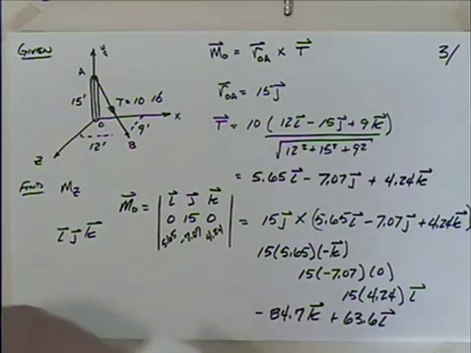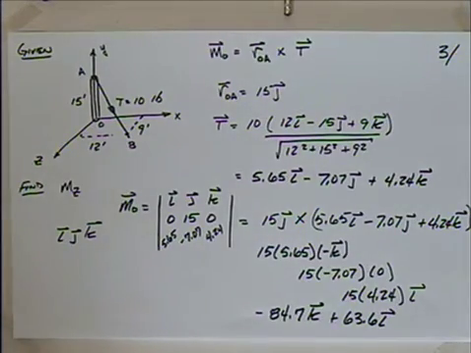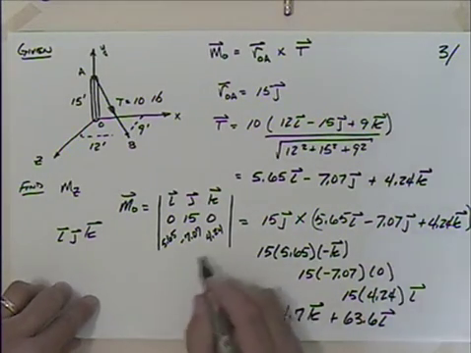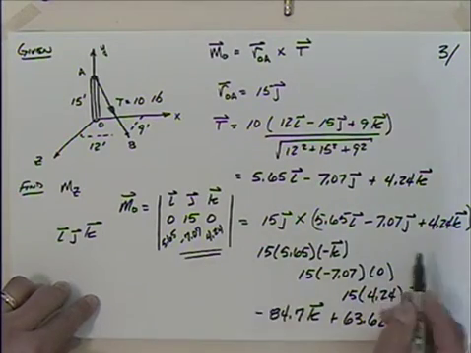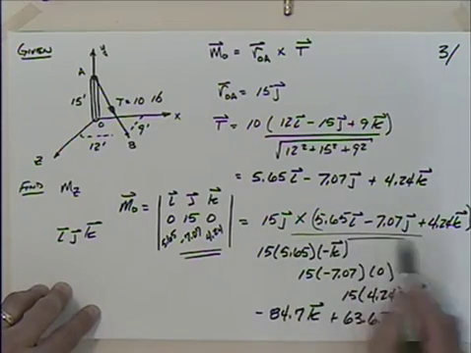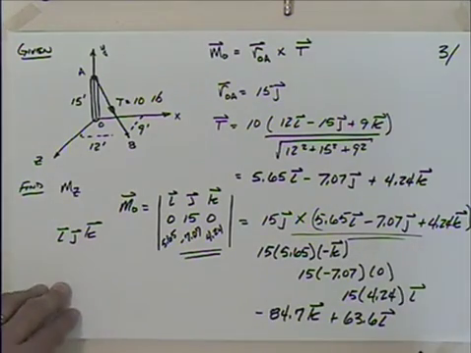Let me double check that first term. Yep, good. Okay, so whether you go through this process, or if I have a lot of zeros in one of these vectors, then a lot of times I'll just do it this way. I wanted to go through that so you could see where that came from.